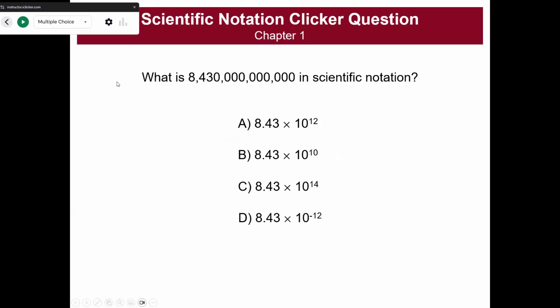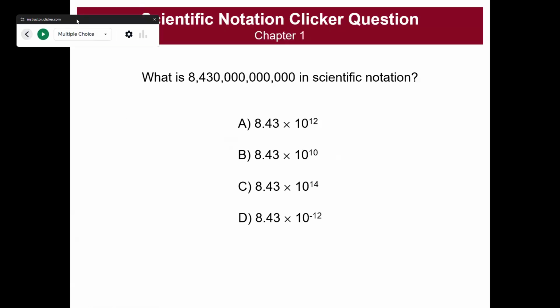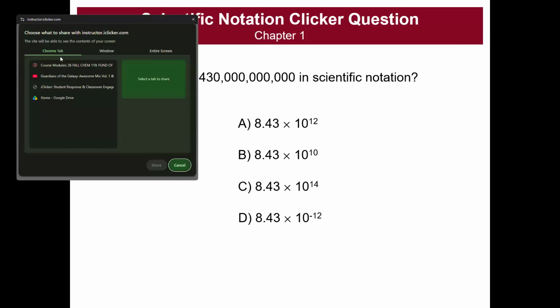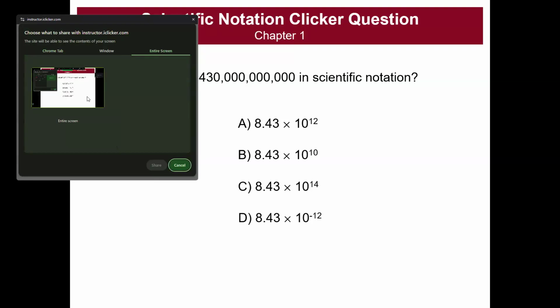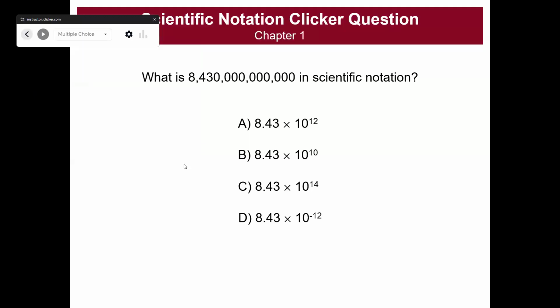All right, so now we're going to practice. What is 843,000,000,000,000 in scientific notation? That's 8 trillion, 430 billion. And you guys are going to enter your answer in the clicker thing.